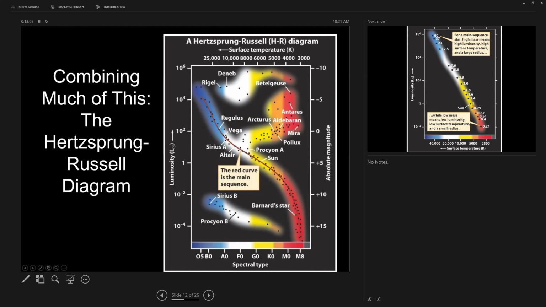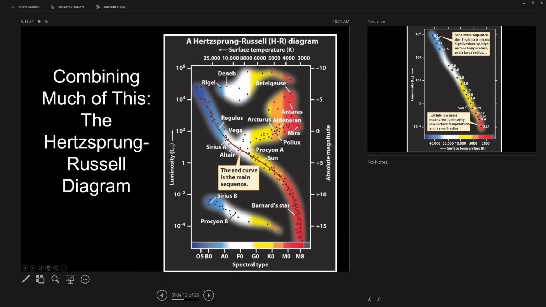And something to notice on this, on the vertical axis over here on the left, it has luminosity. And over on the right, it has absolute magnitude. And those can both go on a Hertzsprung-Russell diagram, or either one. You don't have to have both of them. But there is a nice relationship between luminosity and absolute magnitude that can be used.